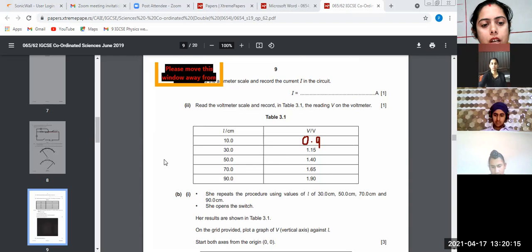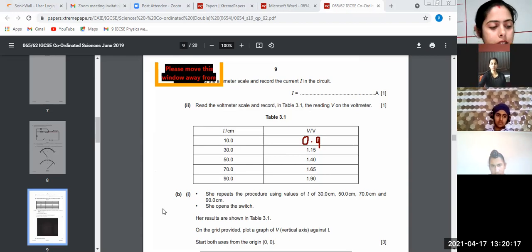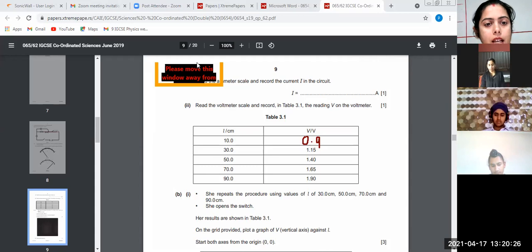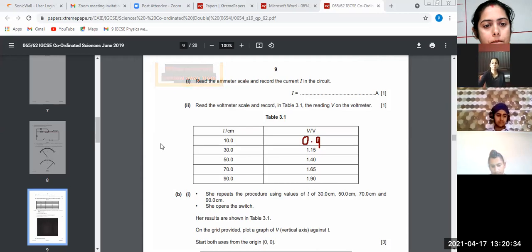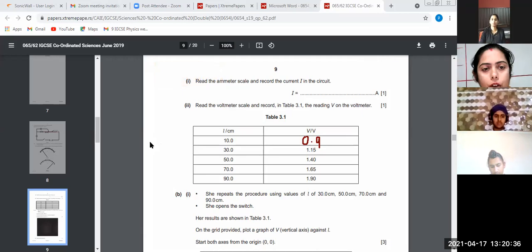Yes, Navjot, Harkirat, Dilpreet, is it done? Okay, Singh Saki, you have done it. You can click a pic of it and send me, okay? You're not able to right now?